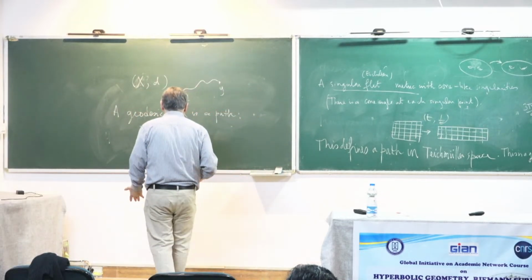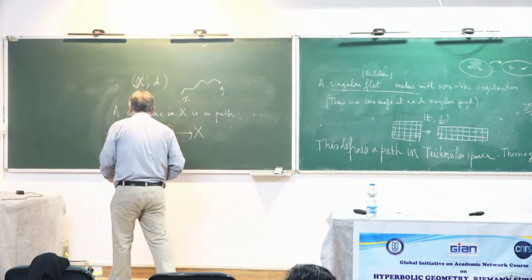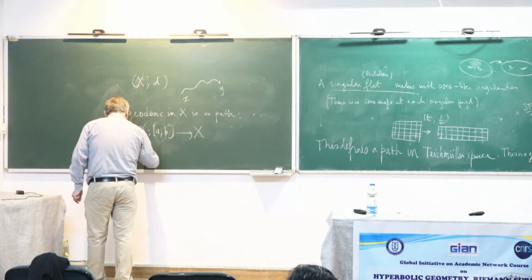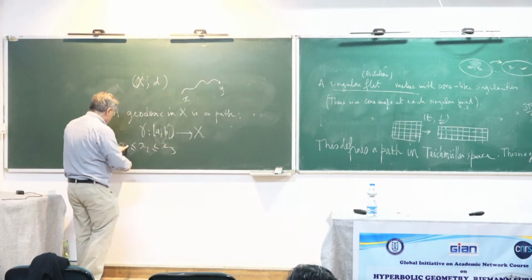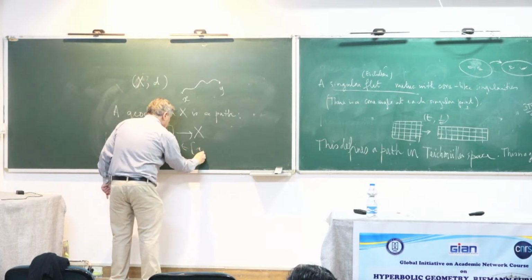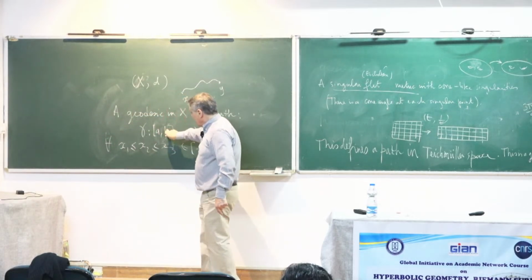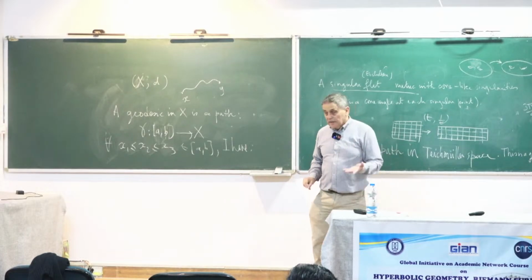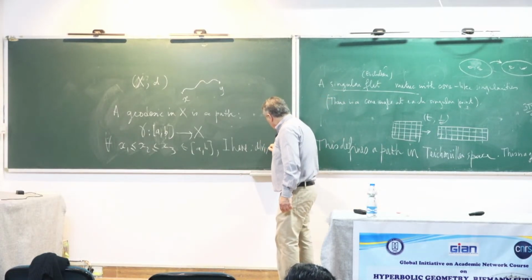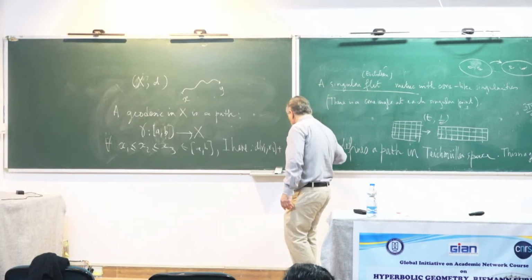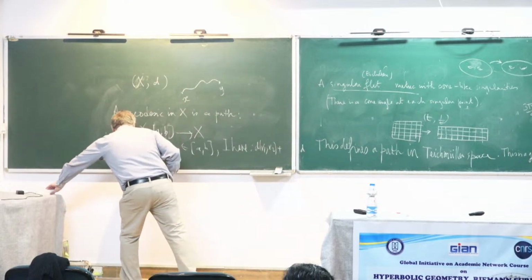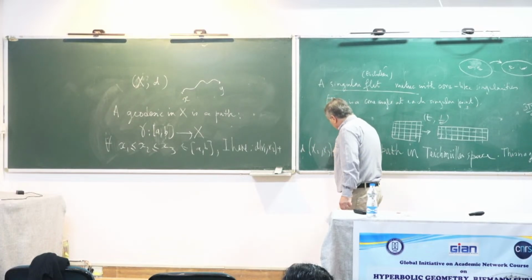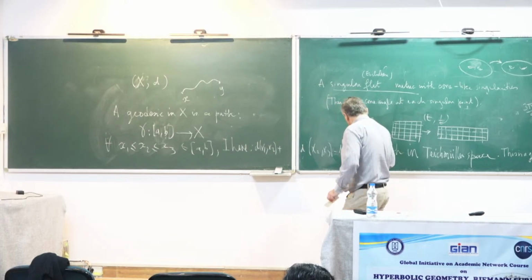No, the definition is simpler, in fact. For any three points x1, x2, x3, in that order in AB, I have d(x1, x2) plus d(x2, x3) equals d(x1, x3).